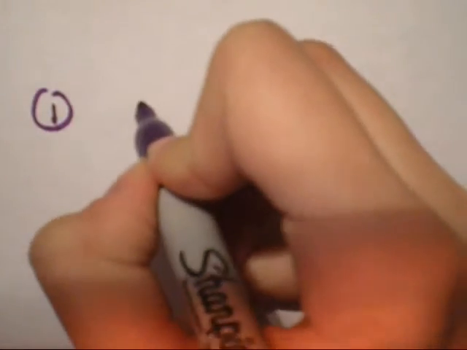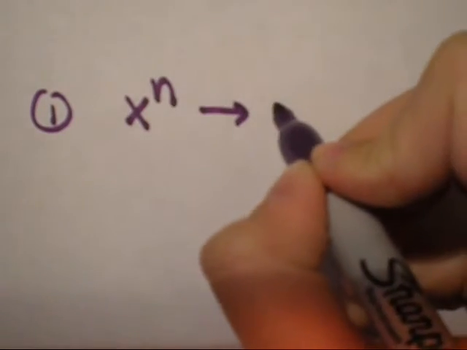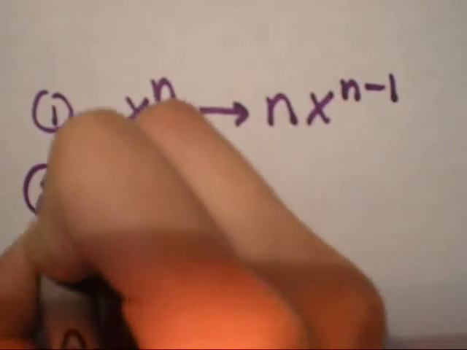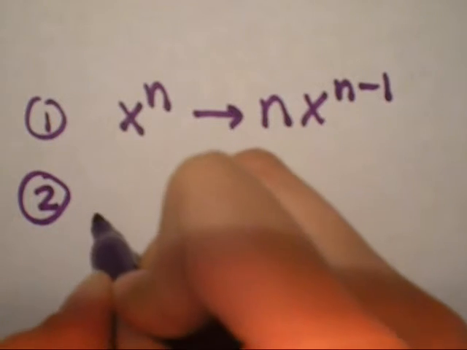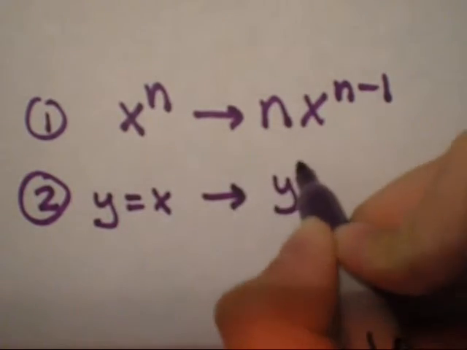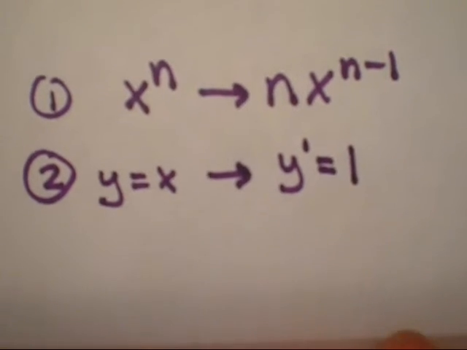And here's an overview of our 4 rules. Rule number 1 is the power rule, which states that x^n is our function, and our derivative would then be nx^(n-1). Our second rule says that if we have a function y equals x, then the derivative would be equal to simply 1.